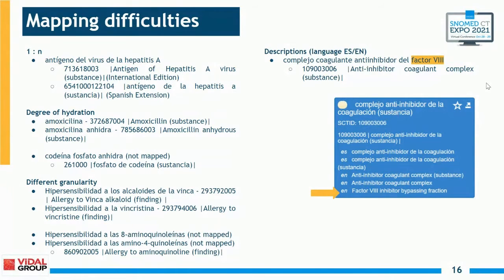And then last, we had to face some problems also with the different languages and the different synonyms in each language. For example, in the case of this concept that is shown on the right, the factor 8 was only specified in one of the English synonyms and not in the Spanish one. So we had to look up the description at the browser and see if it was a term that we were looking for.